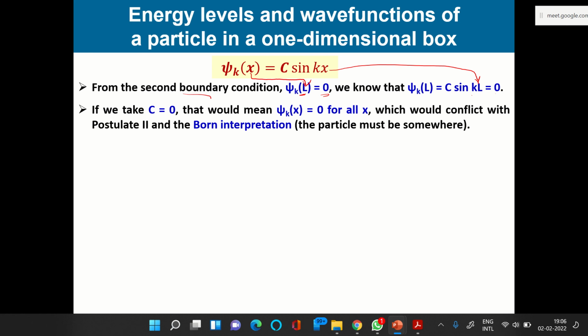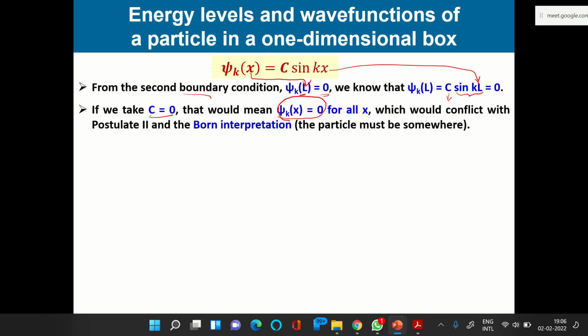Now there are two things: either we can make this term 0 or this one, with any one of them we have to make it 0. If we make c equal to 0, that would mean that for all values of x, psi will be 0.